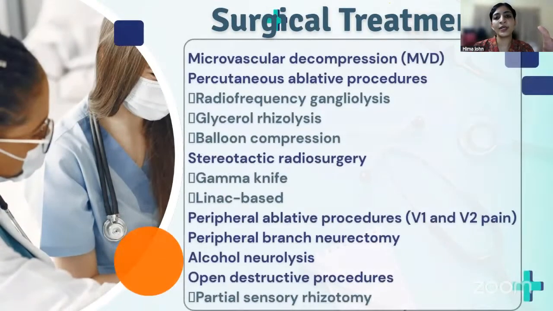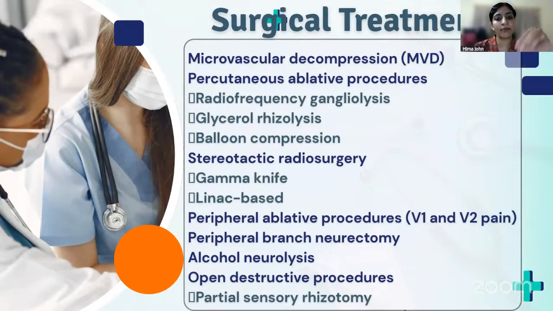From an undergraduate point of view, you just have to remember a few of these names. There is microvascular decompression, percutaneous ablative procedures, stereotactic radiosurgery, peripheral ablative procedures, peripheral branch neurectomy, alcohol neurolysis, or even open destructive procedures. You just remember the names of a few of these procedures. That will help.